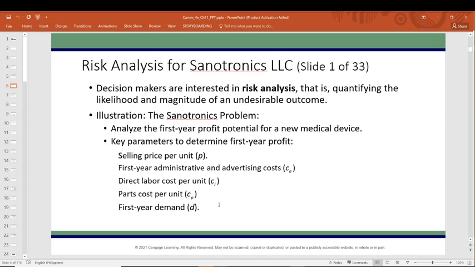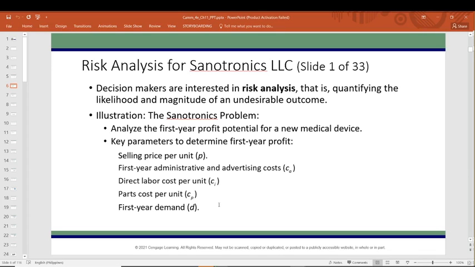Sonatronics would like an analysis of the first-year profit for this potential new medical device. Because of Sonatronics' tight cash flow situation, management is particularly concerned about the potential for a loss.